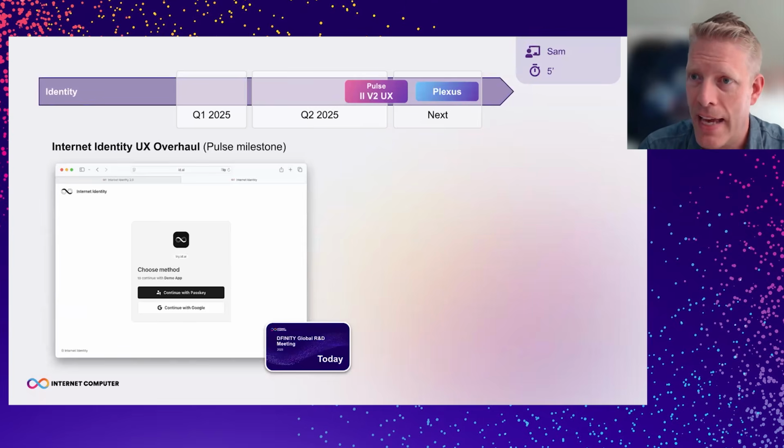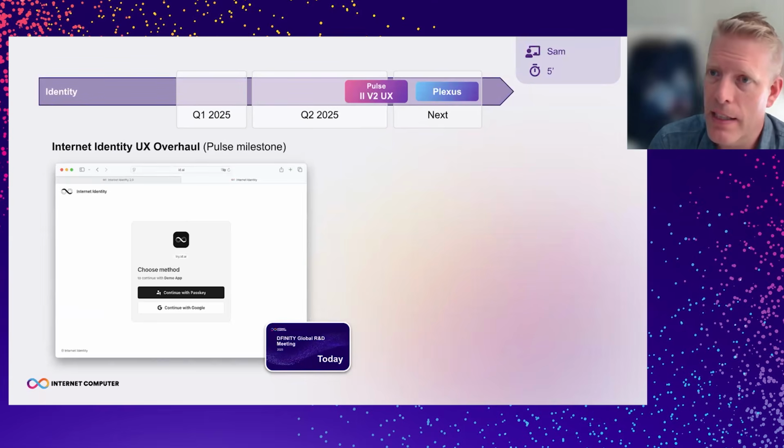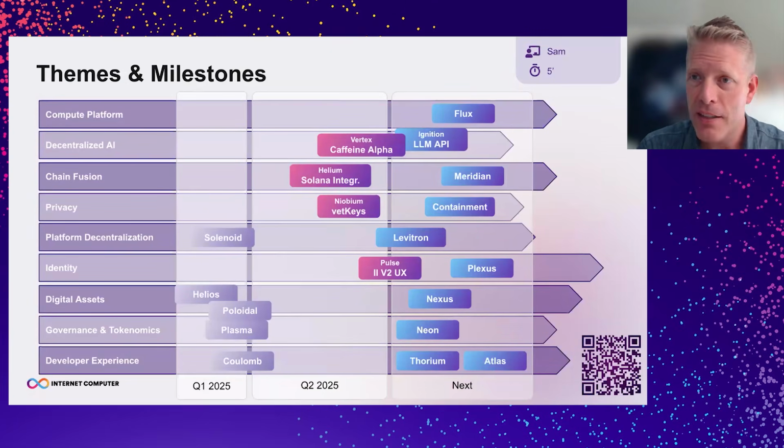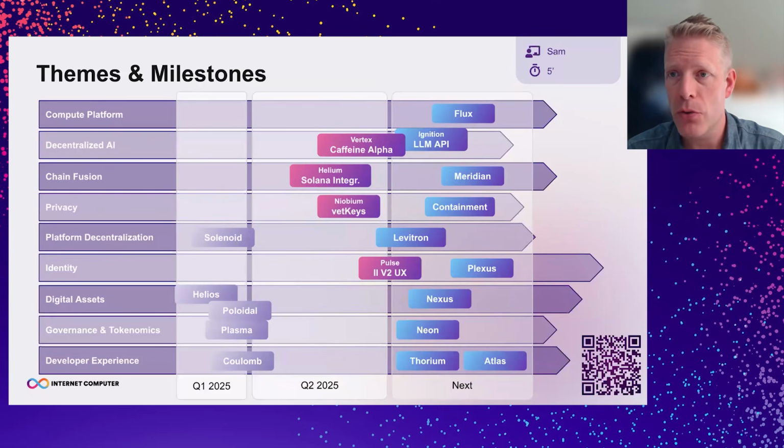And so getting access to an app, if you use Internet Identity, will become significantly simpler, with fewer steps, and hopefully less confusion. So that's Internet Identity. And then to the final slide, just wrapping up again, I hope you see that there have been a lot of great results and milestones achieved, not only for Caffeine, but also in some other key areas that are important for ICP. That's it from my side, and back to you, Rudi.